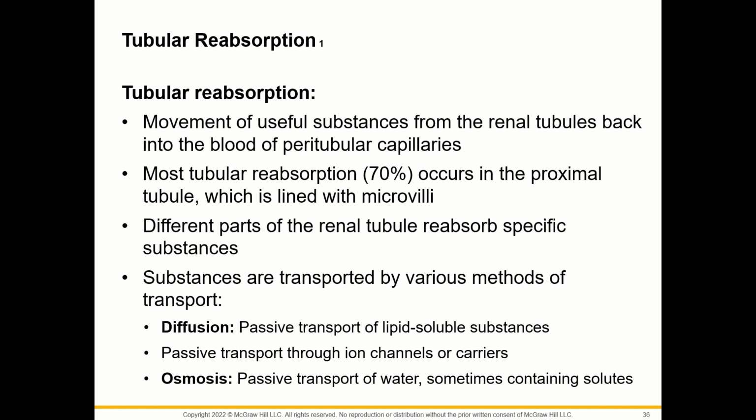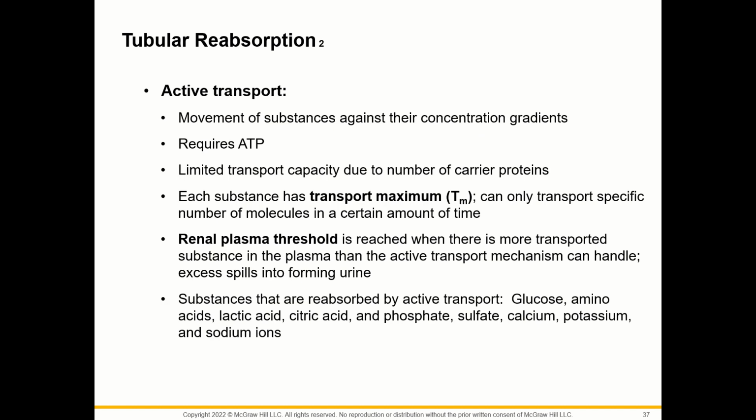We have diffusion, which is the passive transport of lipid-soluble substances, the passive transport through ion channels or carriers, and osmosis, which is the passive transport of water, sometimes containing solutes. In active transport, the movement of substances against their concentration gradients requires ATP.